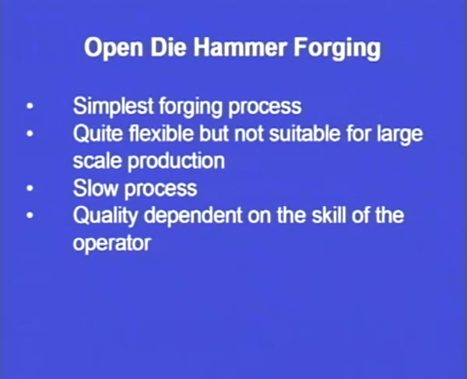Then the quality is dependent on the skill of the operator. So, whatever quality we get by open die hammer forging depends on how skillful our operator is. Just to quote an example, most of the engineering students go to the blacksmithy shop in the engineering college and use the principle of forging to change the shape of a raw material into the final product.